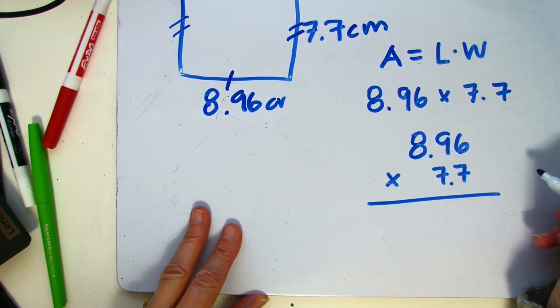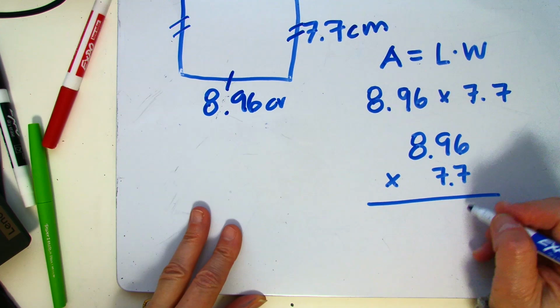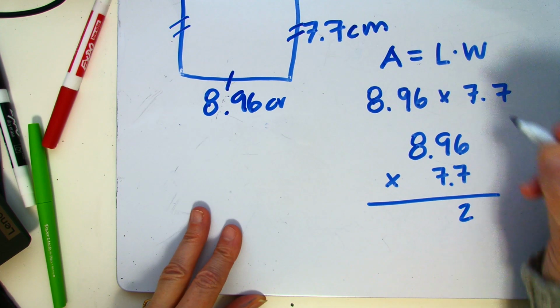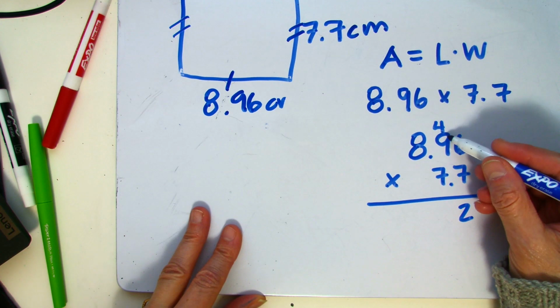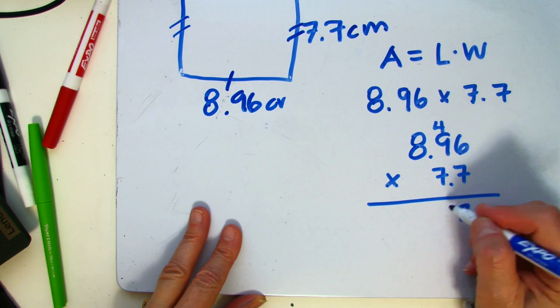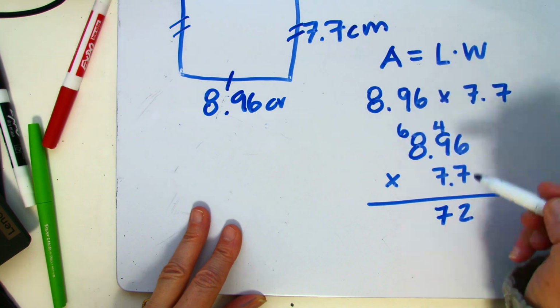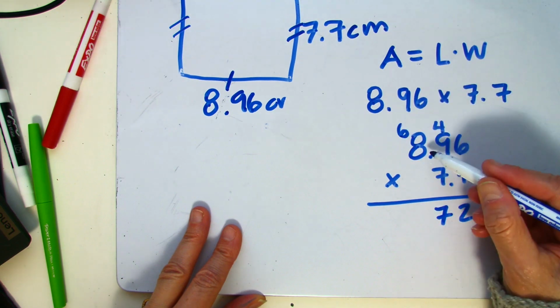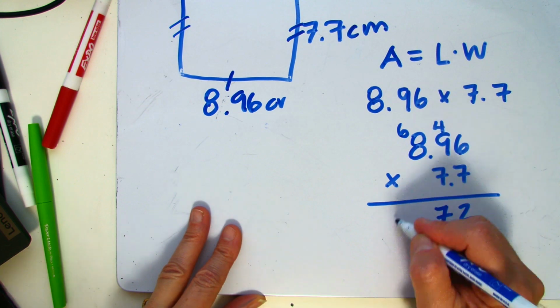Okay, now let's multiply. 7 times 6 is 42. Carry the 4. 7 times 9 is 63, plus 4 is 67. 7 times 8 is 56, plus 6 is 62.